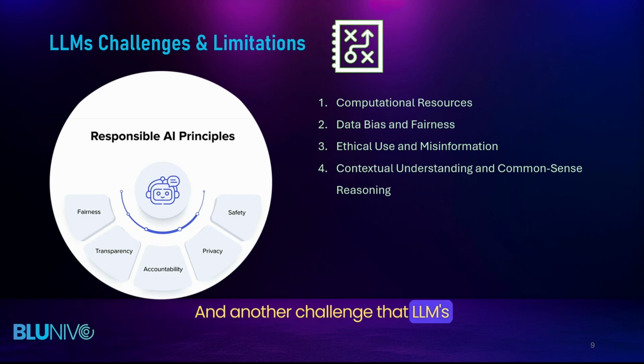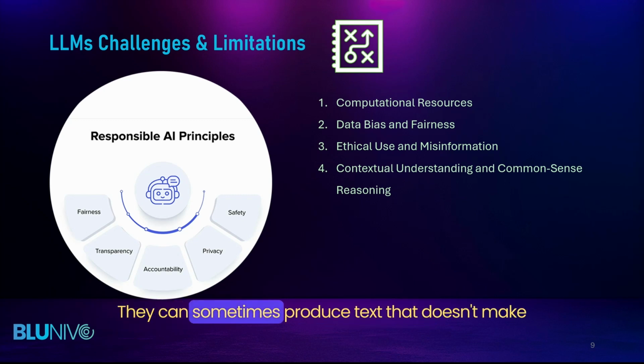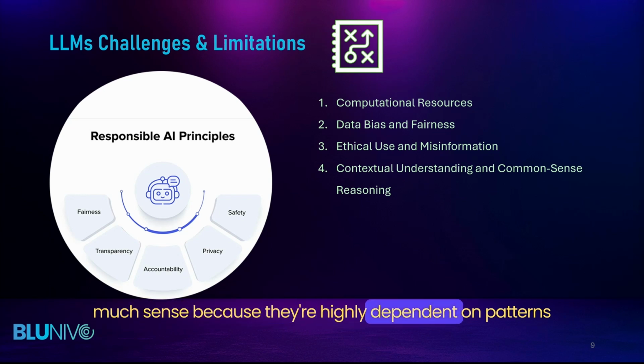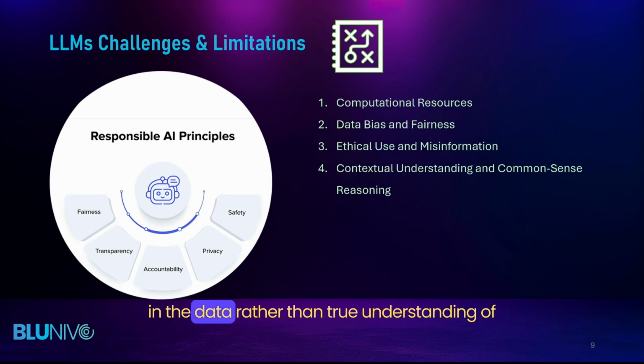Another challenge that LLMs face is understanding context, and common sense is another area where LLMs often have issues. They can sometimes produce text that doesn't make much sense because they're highly dependent on patterns in the data rather than true understanding of the data, if that makes sense.